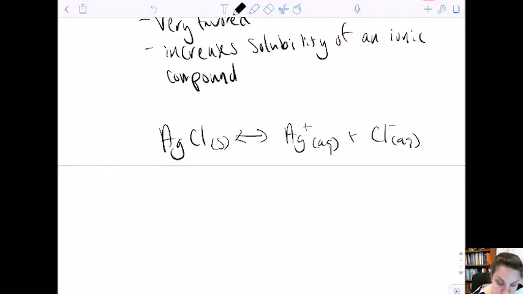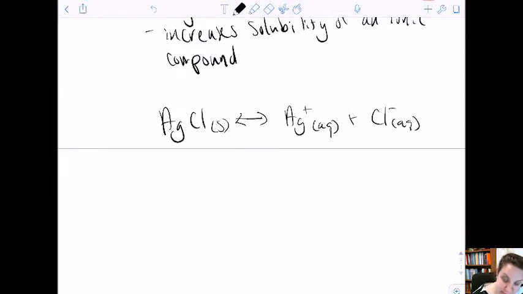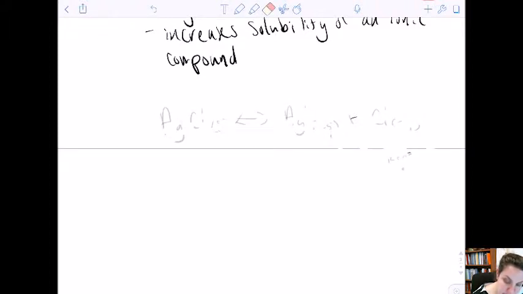So silver chloride will break down into silver ions and chloride ions, and this has a fairly low KSP. We can see this with silver chloride, AgCl.